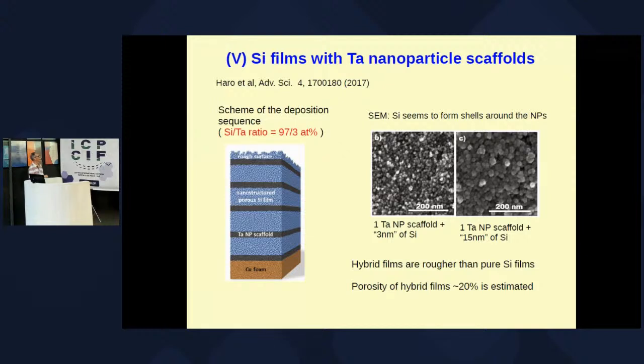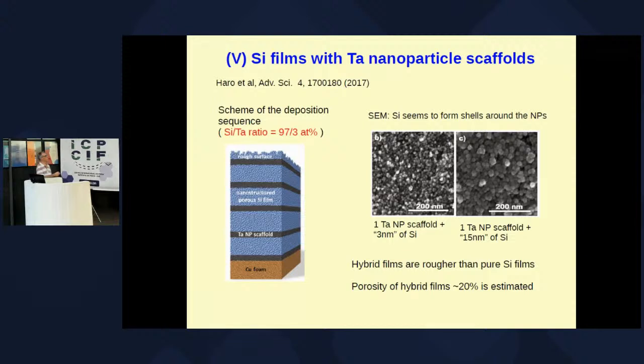So they deposit a thin layer of tantalum nanoparticles. The average size of the tantalum nanoparticles is 3 nanometers. And then they deposit a thick layer of silicon, roughly 30 nanometers, then another thin layer of tantalum nanoparticles, and so on.